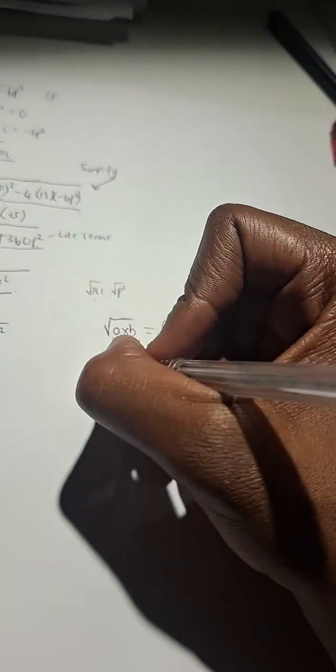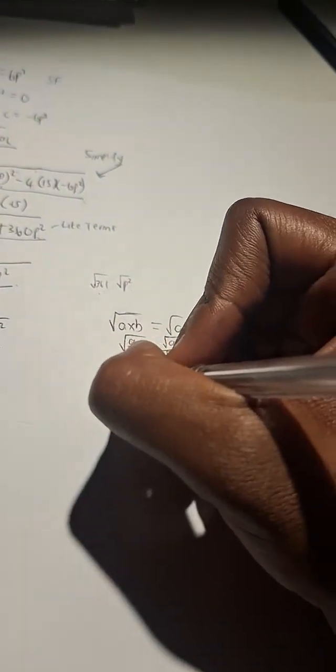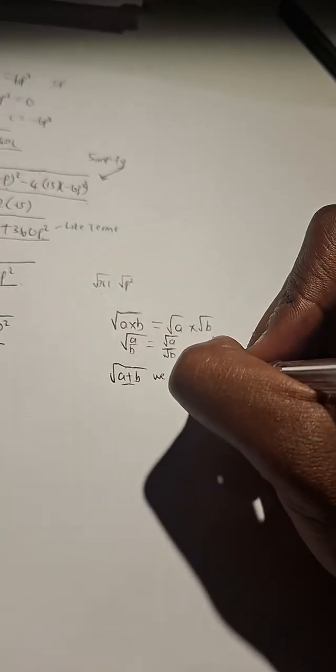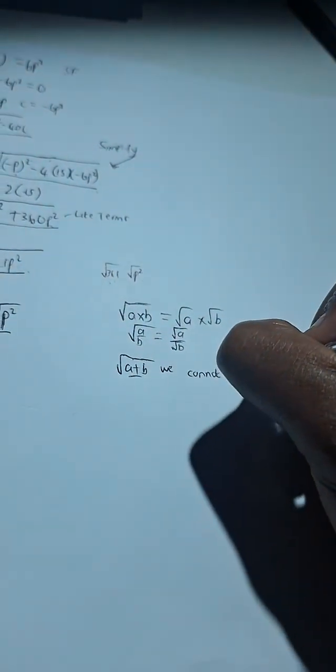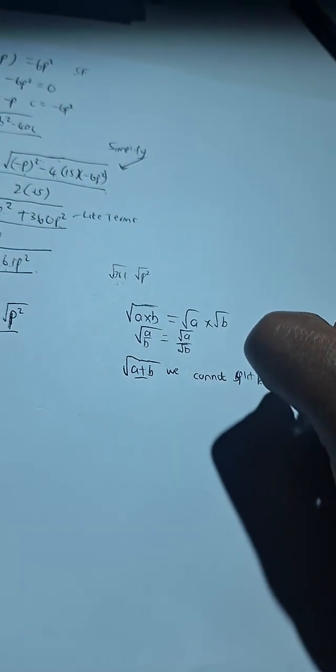So for multiplication and division, we can split the root. But for addition and subtraction, we cannot split the root.